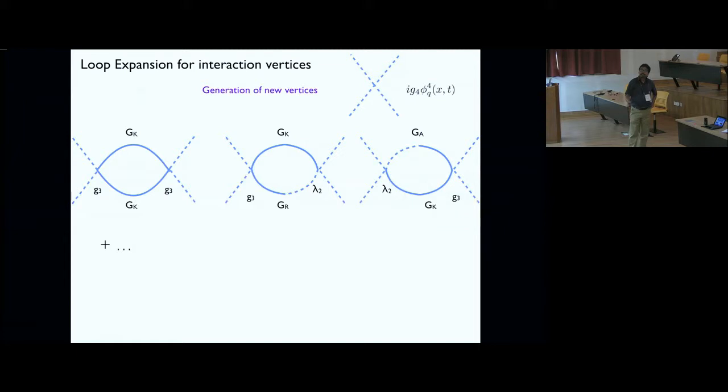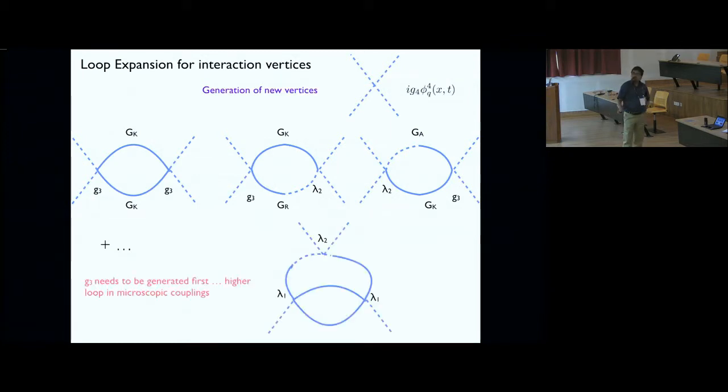The important thing to note is that all the diagrams would be zero if G3 is not generated, which means that, again, in zero temperature adiabatic ground state descriptions, these things don't occur. So G3 needs to be generated first. If you are worried, it's nothing but a higher loop diagram. You can just compute it out of microscopic couplings, but you have to go one loop higher.